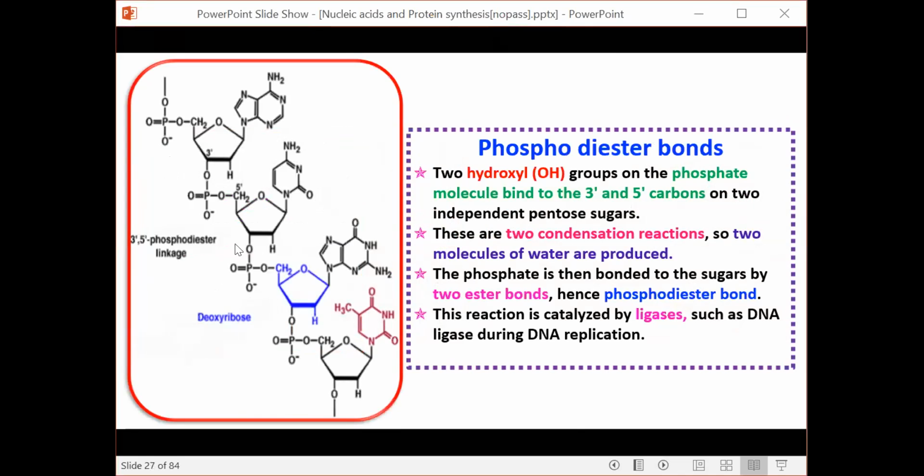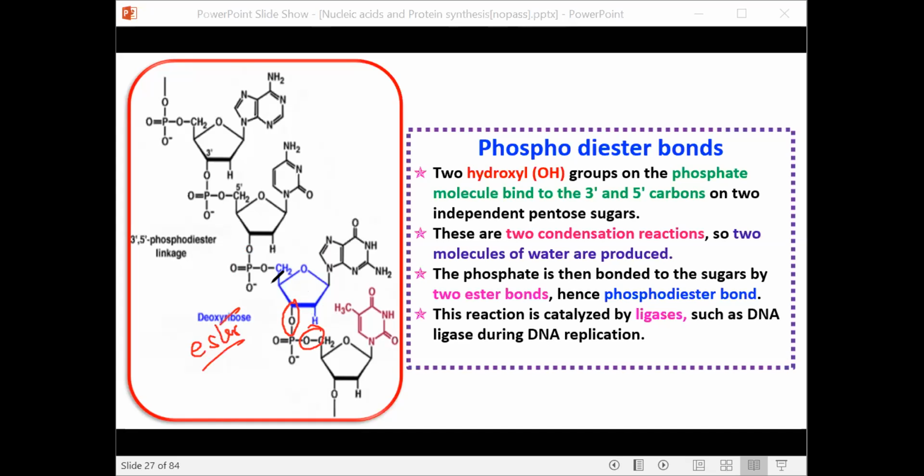So phosphodiester bond formation is between the two sugar molecules. In the left diagram, what we see is the fifth carbon binding with this phosphate, and this phosphate is binding with the third and the fifth, and both these connections are ester.